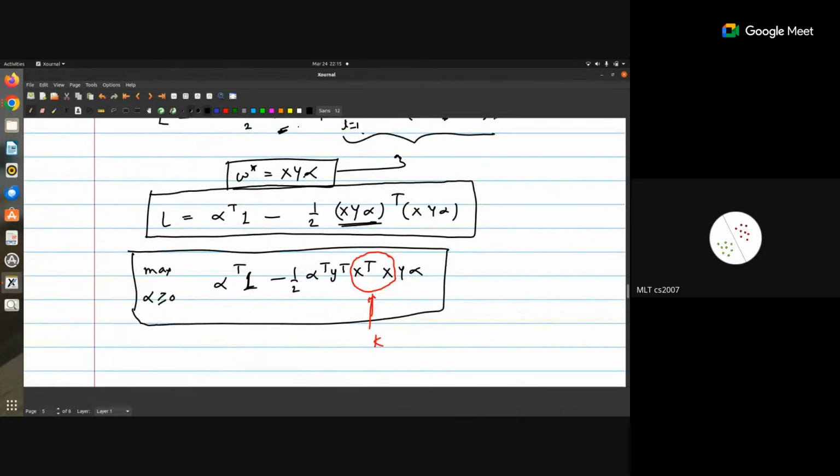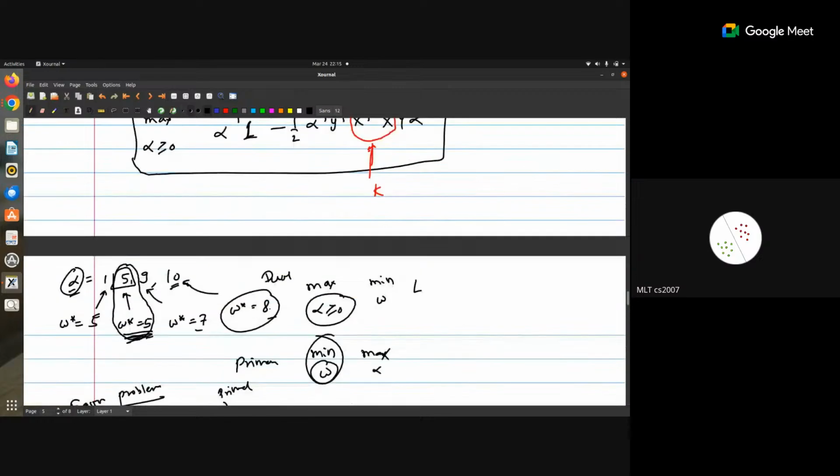If you have found the solution here, it is alpha into x into y. If we use only those data points which are related to that hyperplane, very near to the origin, to find W star, then we don't need the other data points to find those hyperplanes, right?